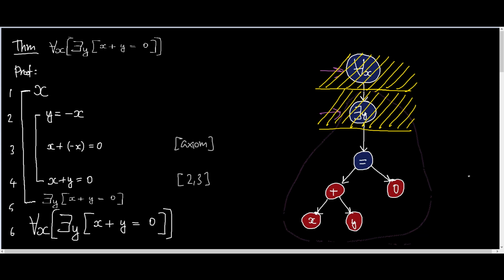Like when we were dealing with for all x, we didn't really care at that point what this said, and we laid out for all x proof without caring what that said. And then after that, we now wanted there exists y proof, so then we focused on there exists y. We didn't care what x plus y equals 0 means, and so on. Okay, and that's it for this video.